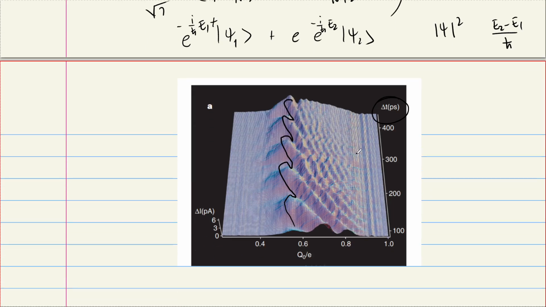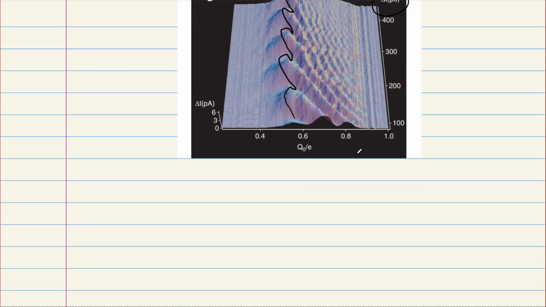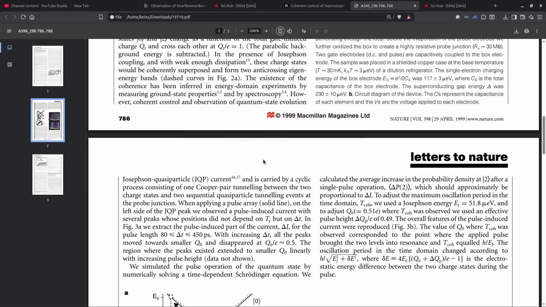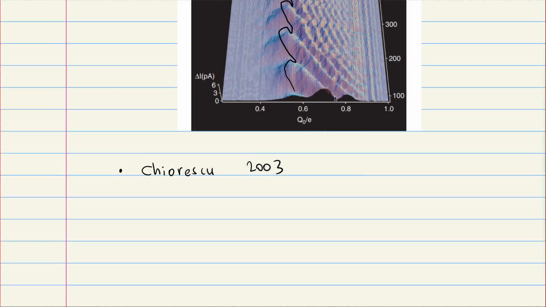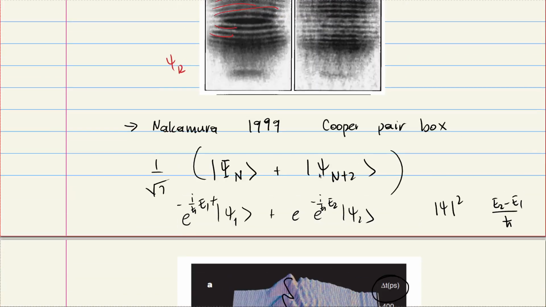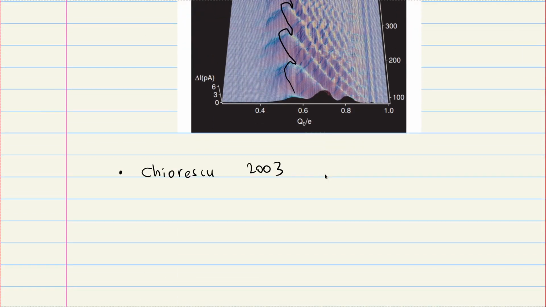And the last one, there are many, but let me also write this one and then finish there. This one is also quite relevant for today. There are a couple, but let me write this one. So this is Chiorescu. This is 2003. And I think what they do is, rather than creating the superposition with the number of Cooper pairs, they are creating the superposition in the phase.